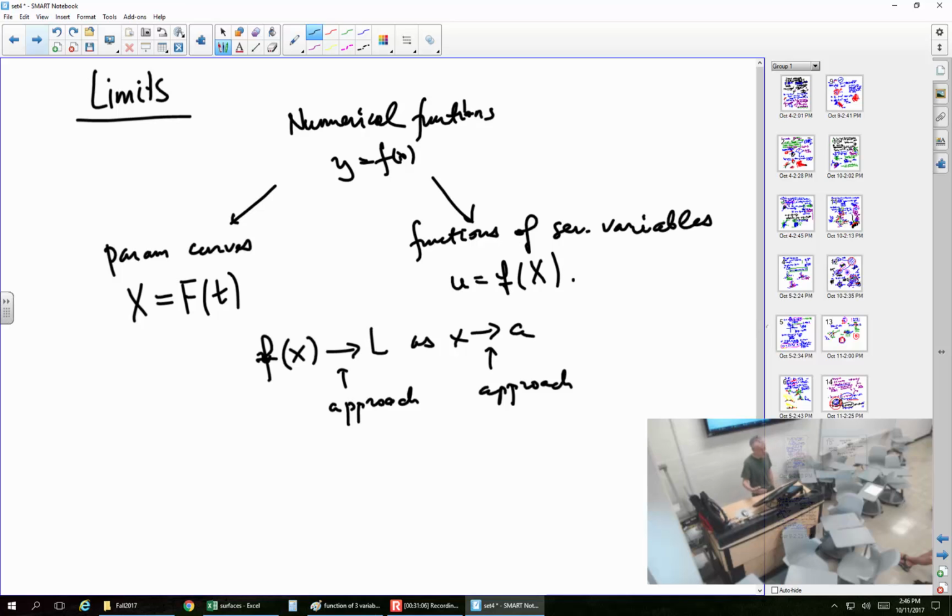So the input x approaches a particular value A, and then it forces the output y to approach another value.